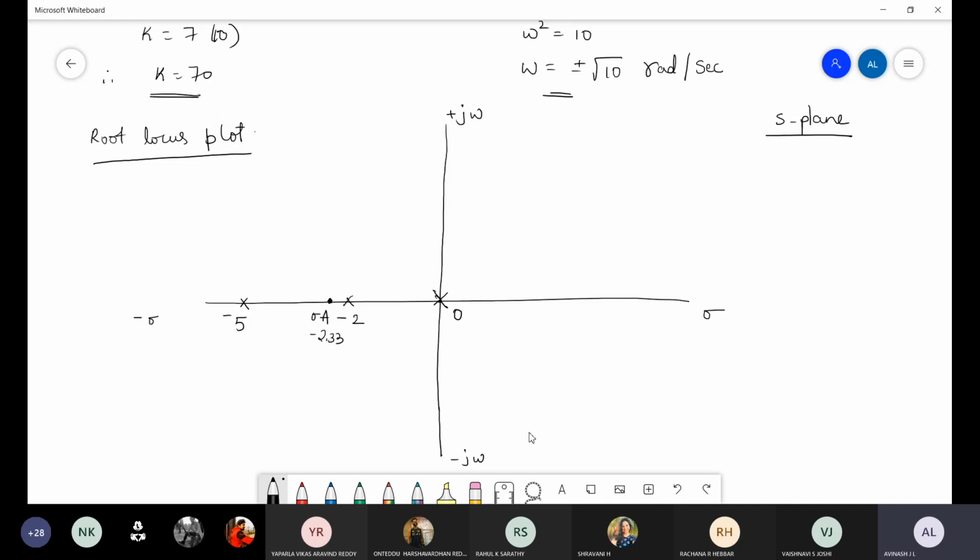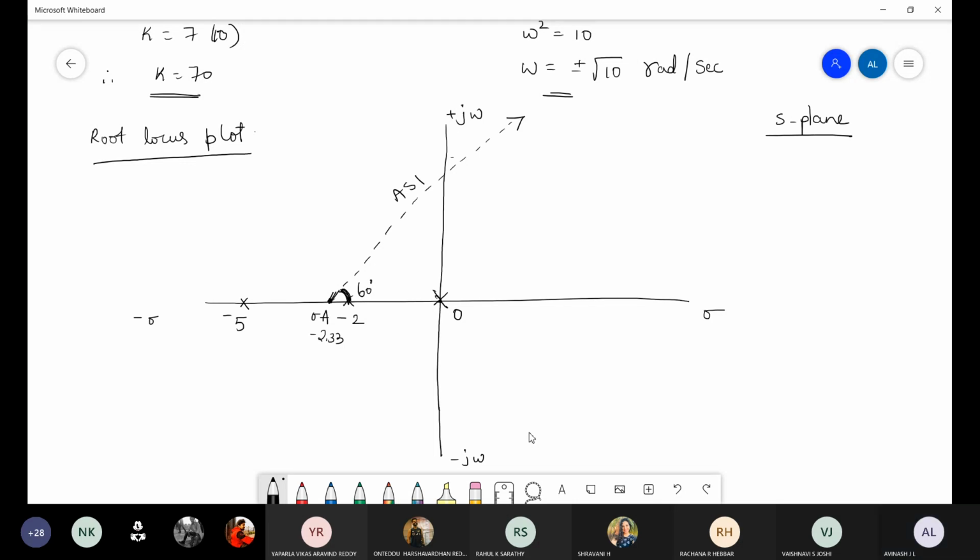If I take this perpendicular as 90 degrees, then this line may be 60 degrees. That is asymptote 1, AS1, and its angle is 60 degrees.